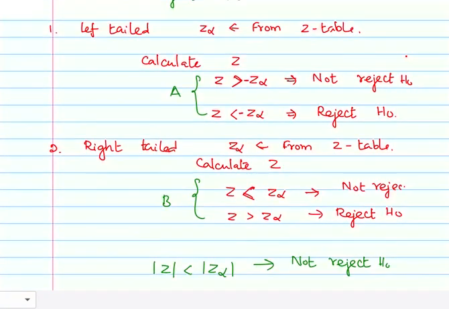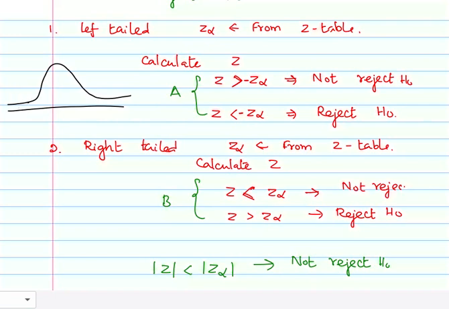We will see the left tail first. You calculate the z alpha, then calculate z using the formula. Suppose z is greater than minus z alpha, you do not reject h naught. If z is less than minus z alpha, then you reject the null hypothesis. This is the standard normal distribution z table.